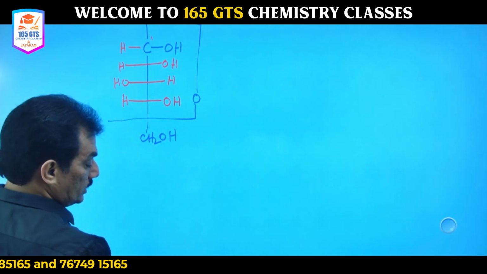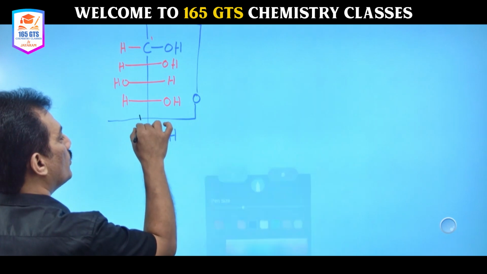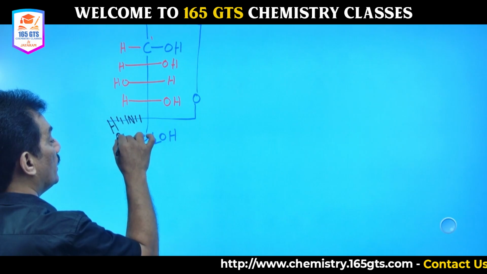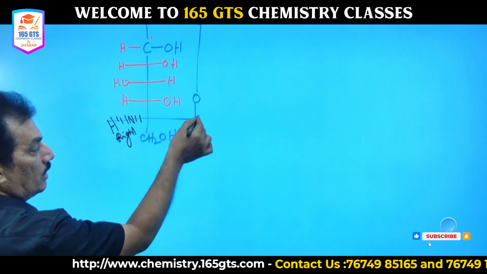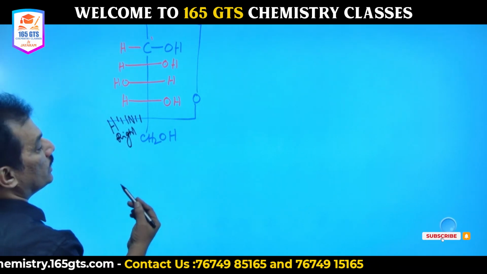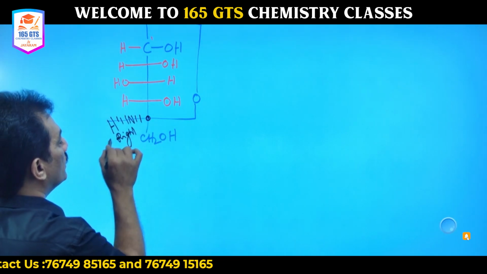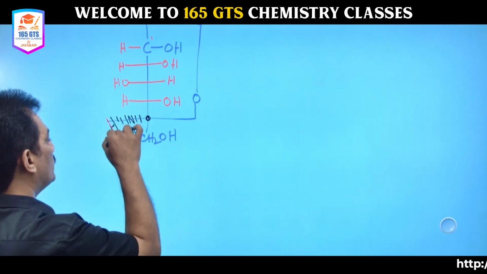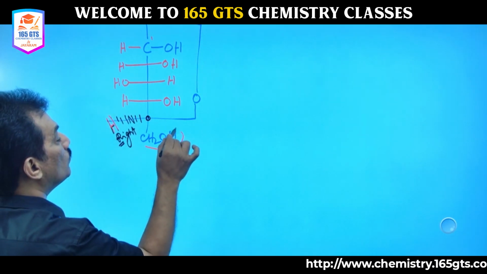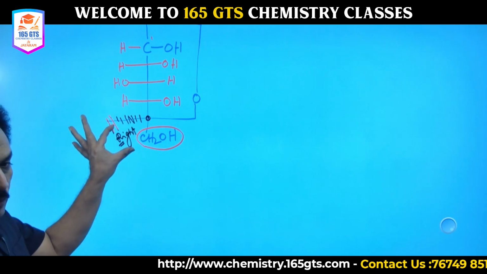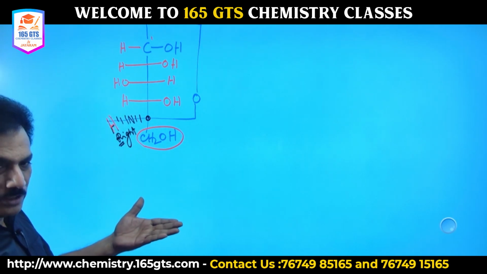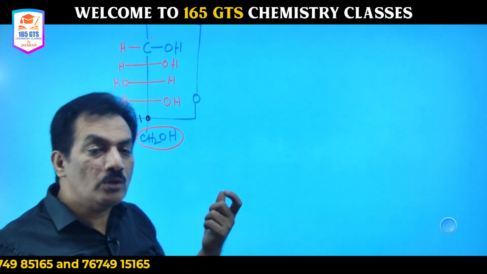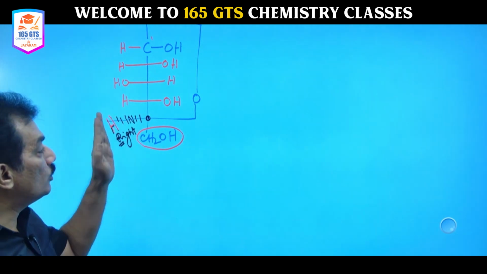Here hydrogen, and just remember this hydrogen is said to be on the right side. It seemed to be on the left side on the fifth carbon, but here the orientation is related to this hydrogen and this CH2OH group, because it is actually a three-dimensional arrangement, but here we are writing in 2 dimensions. So for that purpose I am making you remember this. Hydrogen is supposed to be on the right side.